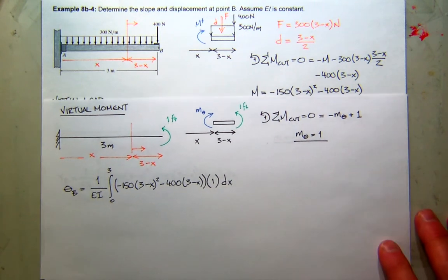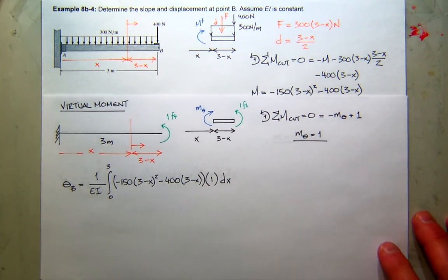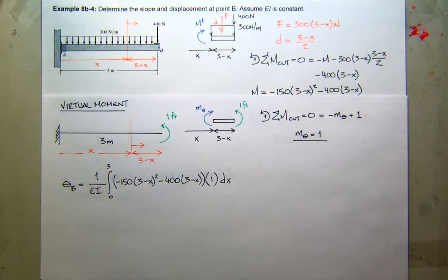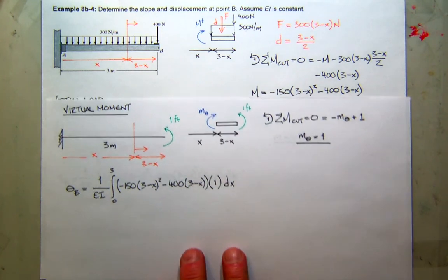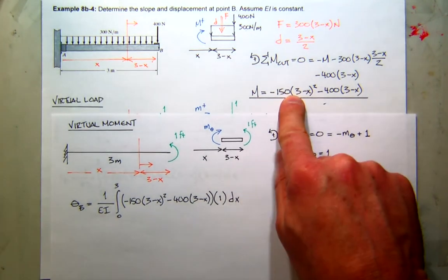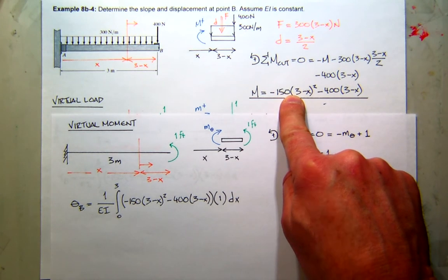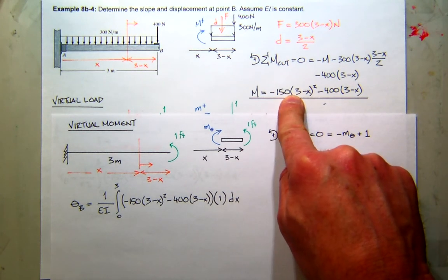So any other questions? Is this the easier method of those? If I was asked to do this problem, I would more than likely use direct integration, because there's my moment equation, and you just have to integrate it twice. And when you integrate it twice, you have displacement.